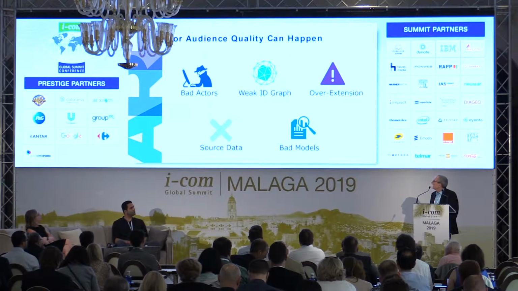So how can this actually happen? It happens partly because of all the factors on the slide here, the things that can actually be wrong with data sets, not just fraud and bad actors, but a weak ID graph, over-determined models, overextension, poor sourcing.